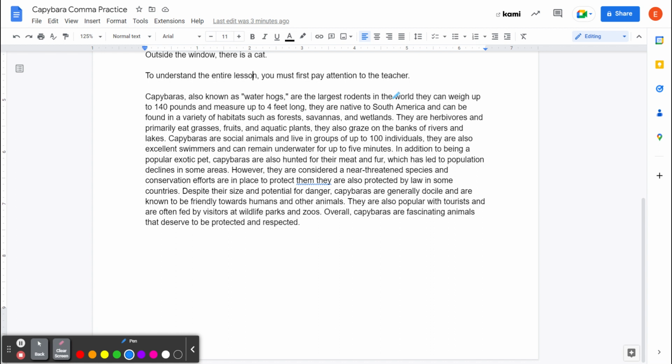So what I have here is a comma after 'long.' They are native to South America. That seems like a comma splice. That comma doesn't need to go there. It's joining two unrelated independent clauses. Even if I had a conjunction there, I don't know if that would entirely make sense, because they're two separate ideas. So what I probably need to do is just add another period there. Okay. So I've got two periods. Two different sentences. They are native to South America and can be found in a variety of habitats such as forests, savannas, and wetlands.